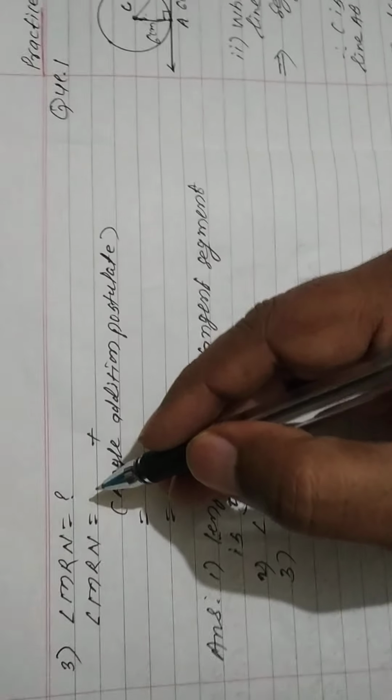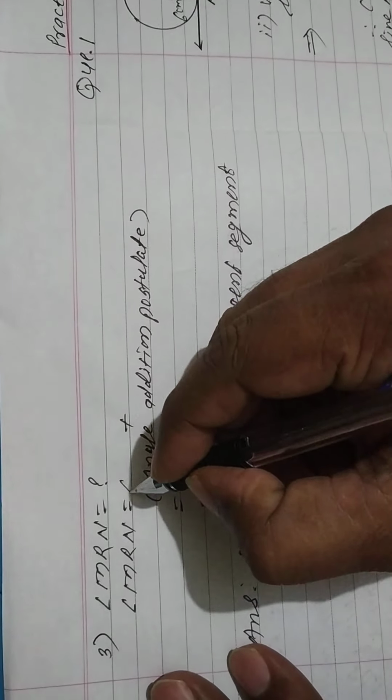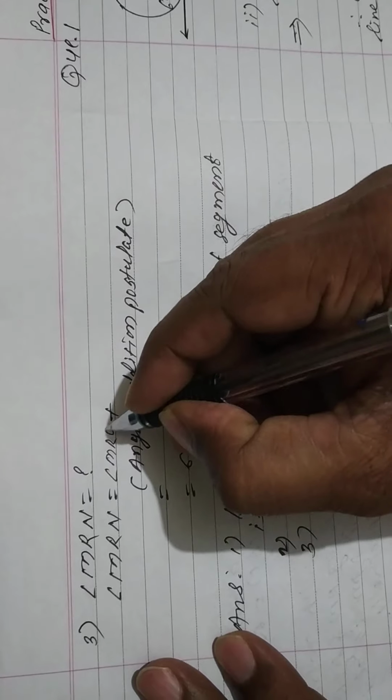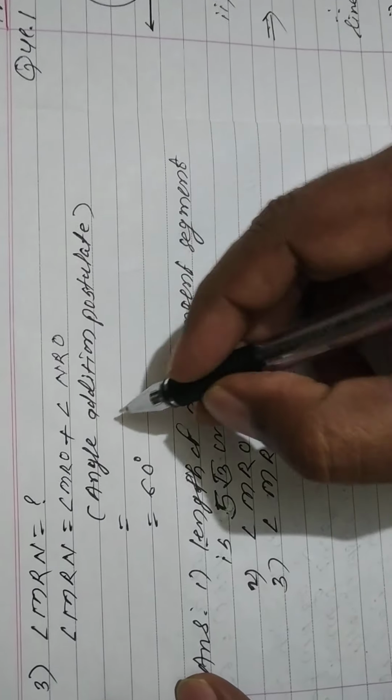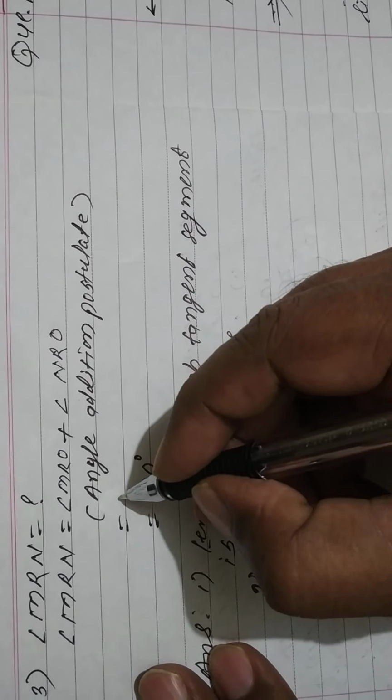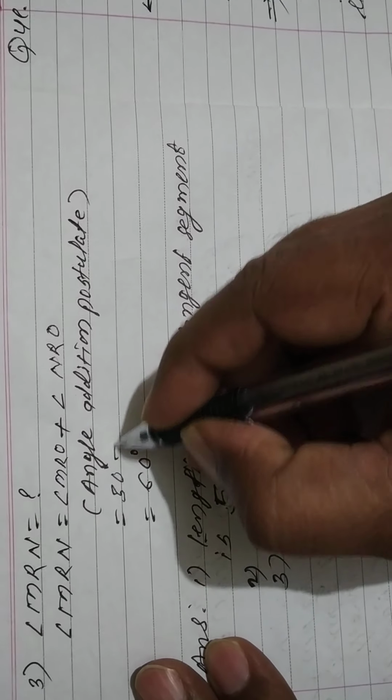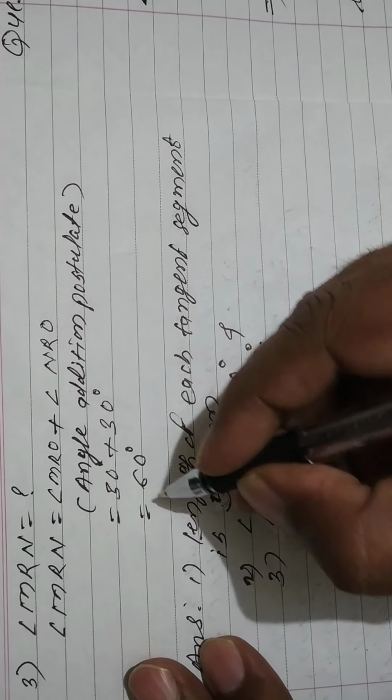You write the answer in this way. Angle MRN is equal to angle MRO plus angle NRO, angle addition postulate. 30 degrees plus 30 degrees is equal to 60 degrees.